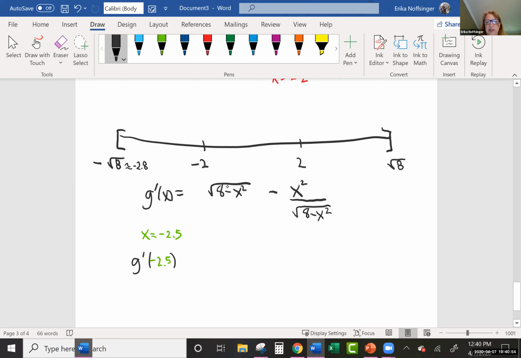Well, actually, we know our square root's always going to be positive, right? Because we chose numbers that were in our domain. I can't get a negative number in here. So this is always going to be positive. So let's reason that way. Minus, again, that square root's always going to be positive. If I plug in negative 2.5 and I square it, well, that's going to be positive.